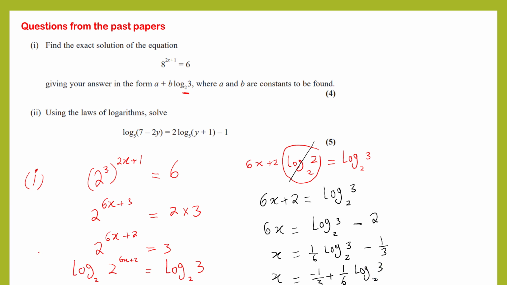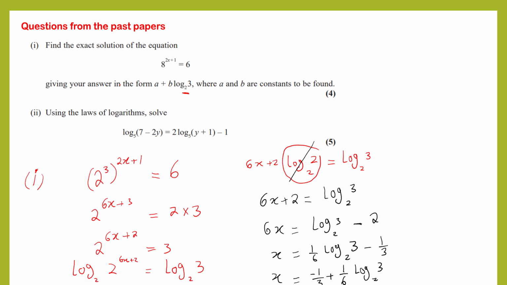So you can leave it in the form that's required in the question. Here we have a number, negative 1 over 3, plus 1 over 6 log 3 to the base 2. This is regarding the first part of the question, part i.